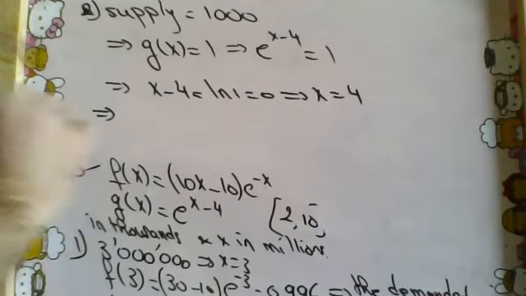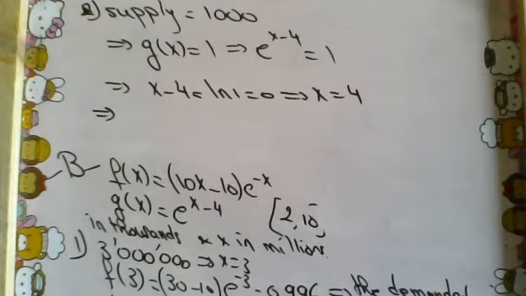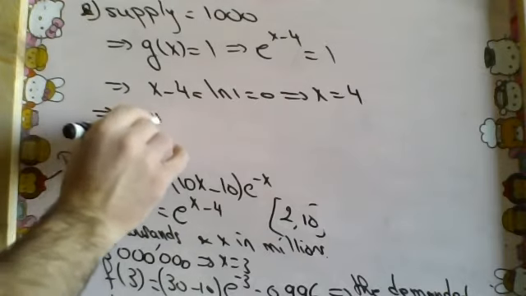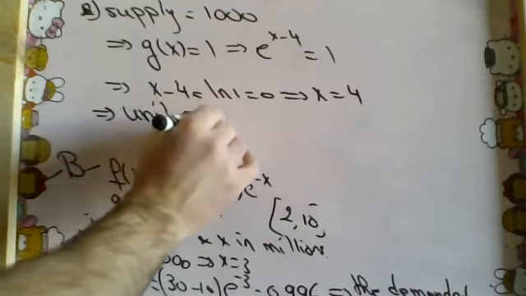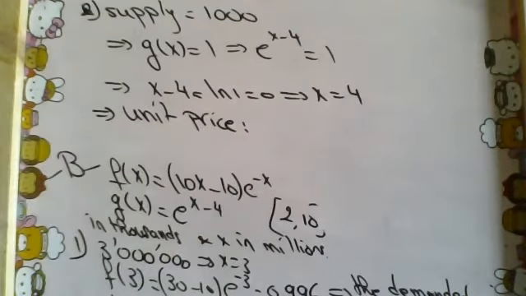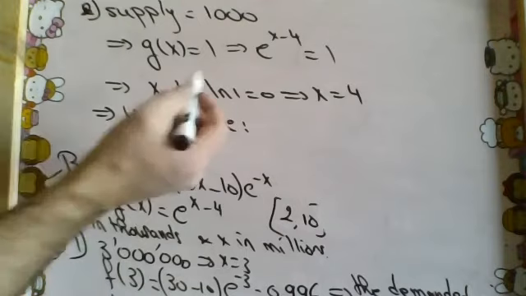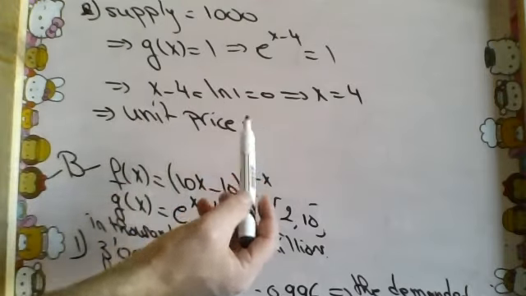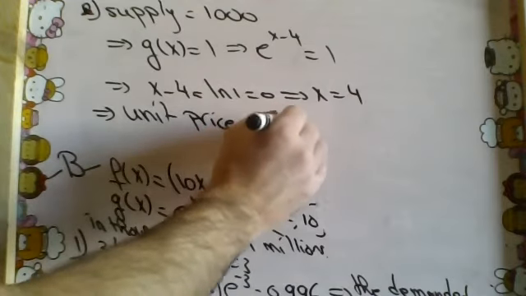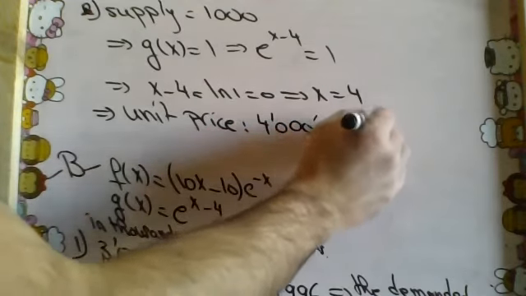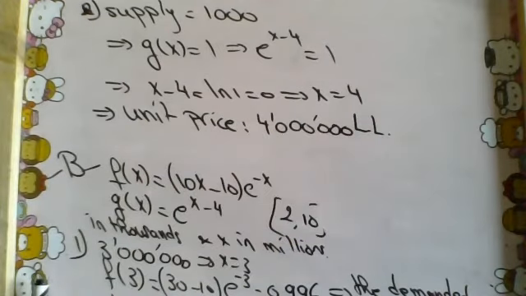So what will be the unit price? ln 1 is 0. 4 million. The unit price is 4 million.